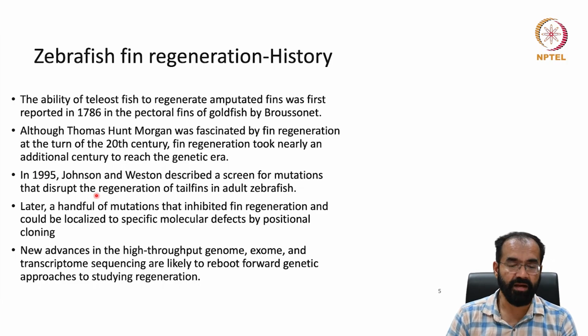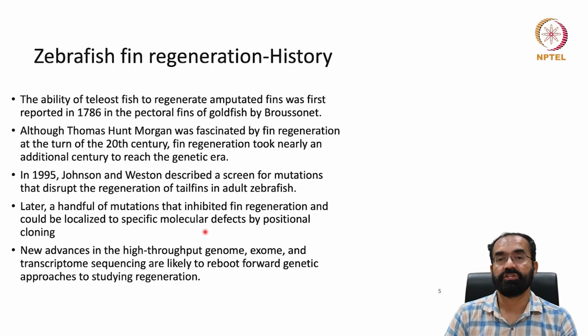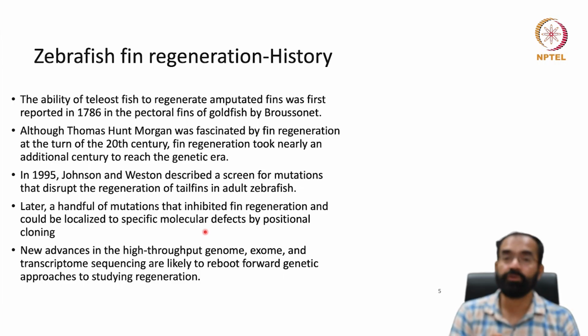In 1995, Johnson and Weston described a screen for mutations that disrupt the regeneration of tail fins in adult zebrafish. That is almost 30 years ago. Later, a handful of mutations that inhibited fin regeneration could be localized to specific molecular defects by positional cloning. So how people do a forward genetic screen is to identify a defect in an organism, and you don't know why.